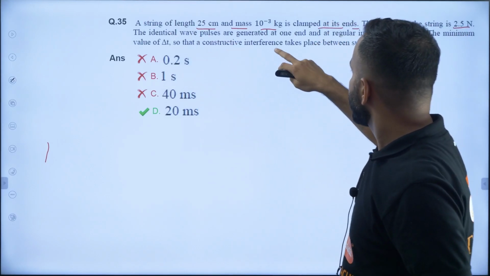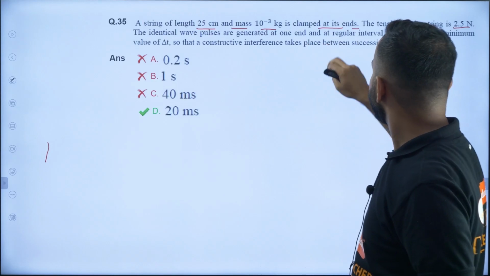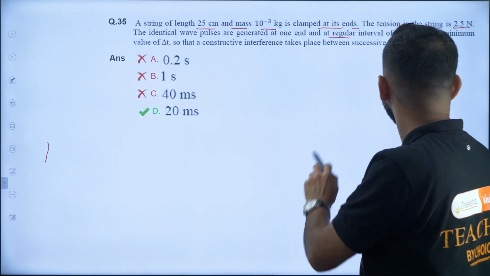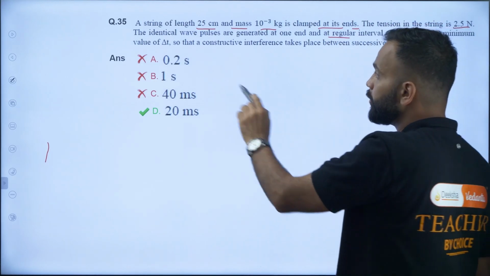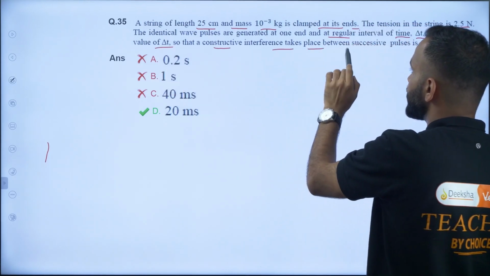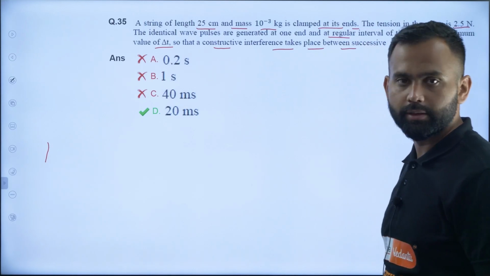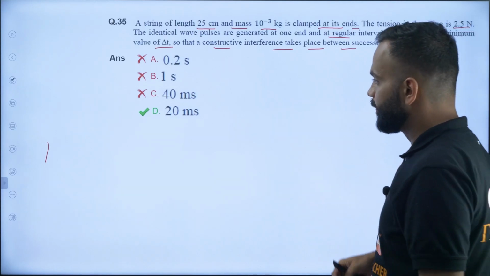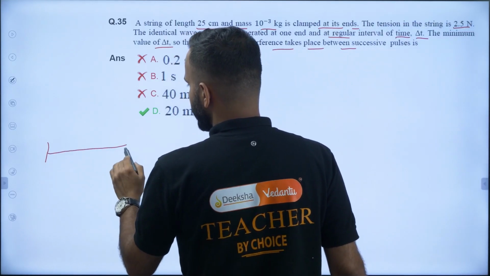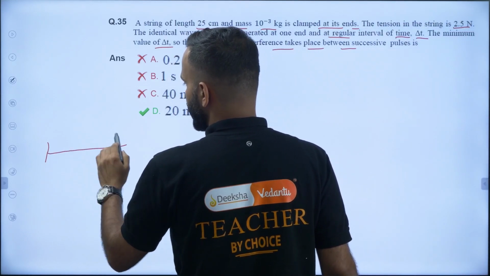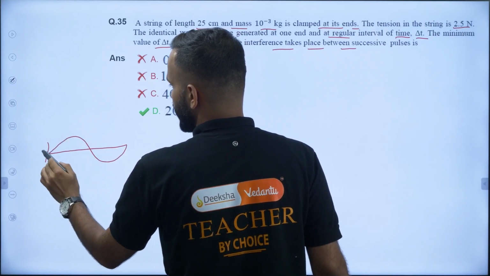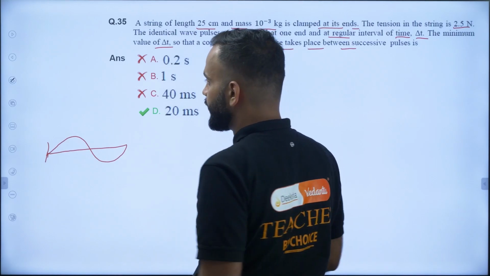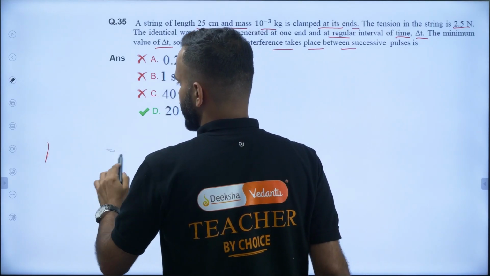Identical wave pulses are generated at one end at regular intervals of time delta t. The minimum value of delta t so that constructive interference takes place between the successive pulses is? Simple, right? For constructive interference, the wave has to move here, then it will hit the other end, and again come back. Sorry, this is not the wave, like this.